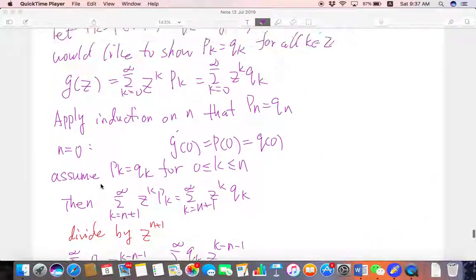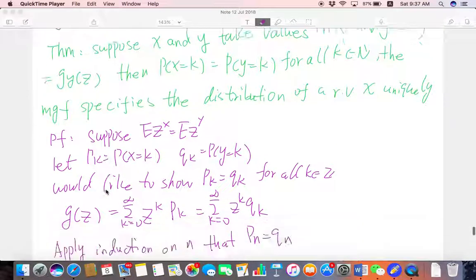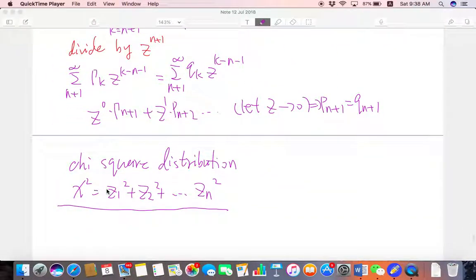And with regard to the theorem we have just proved, we can deduce that the chi-square distribution can take the form like that. Maybe I will list the detailed proof of this example in later videos.